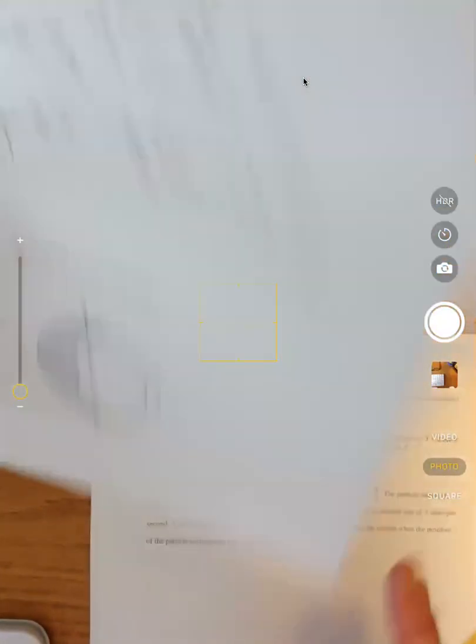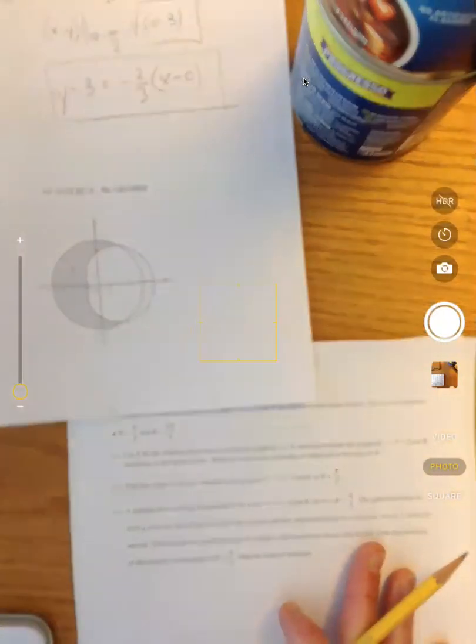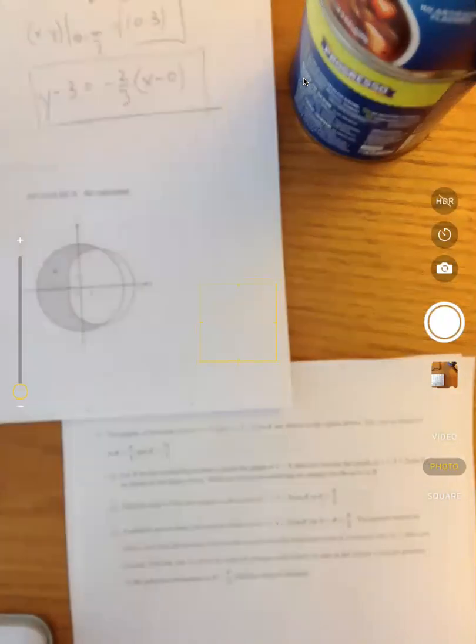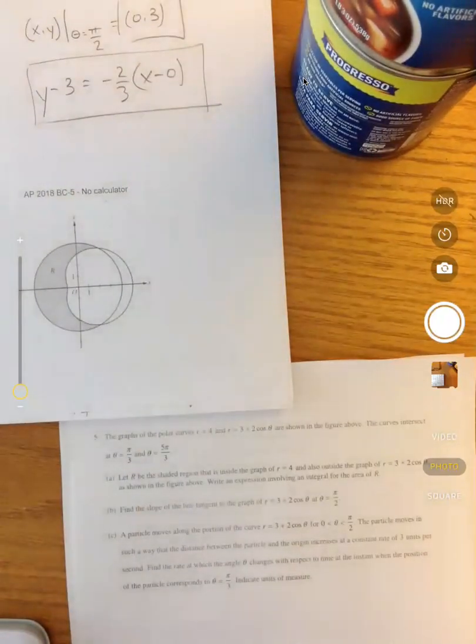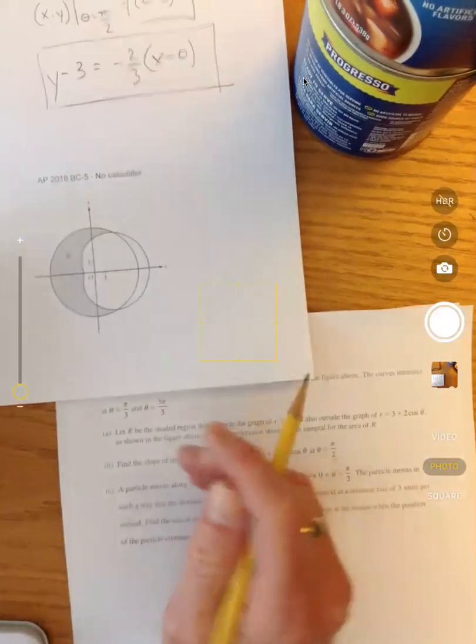So I'm going to keep this graph handy. I didn't want to print it all on the same page, so I've got that graph at my side here, ready to go. All right, so let's see what we got. We got the graphs of the polar curves, r equals 4. When a polar curve's r equals 4, what's the shape of that graph?